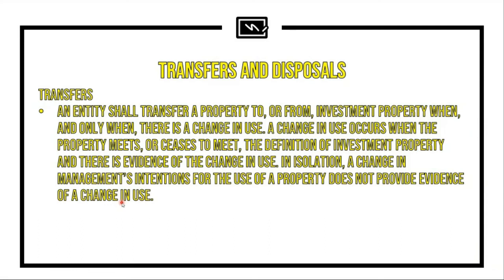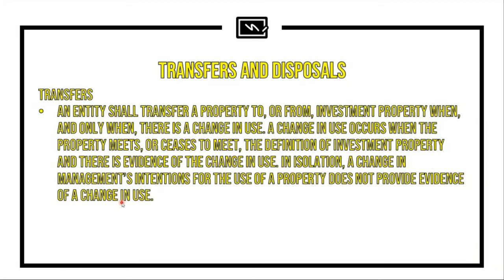So, what triggers the transfer? The trigger is the change in use and not the intention for the use. So, even if there is already a change in the intention of management, if there is no actual change in use, then there should be no transfer yet.